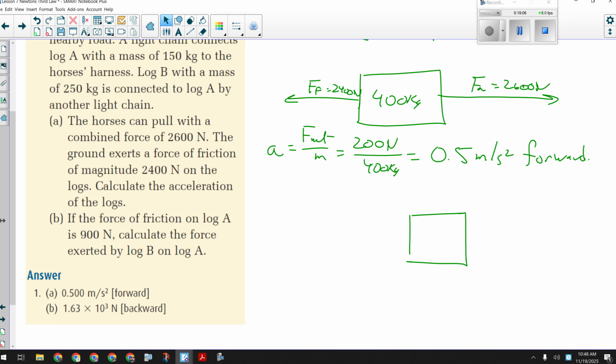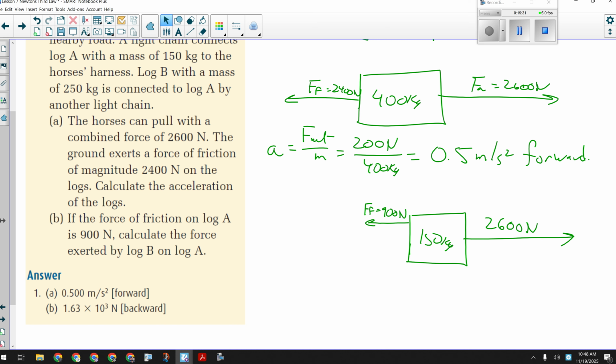Here's log A, 150 kilograms. There's 2,600 newtons worth of force going forwards from the horses acting directly on log A. There's also a force of friction of 900 newtons acting backwards on log A. They tell us that specifically.